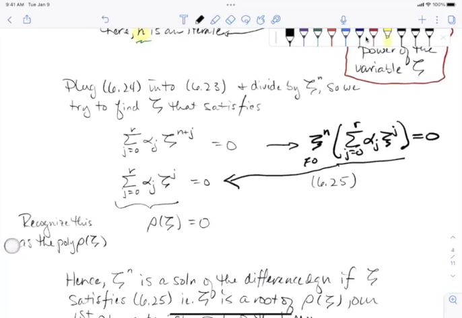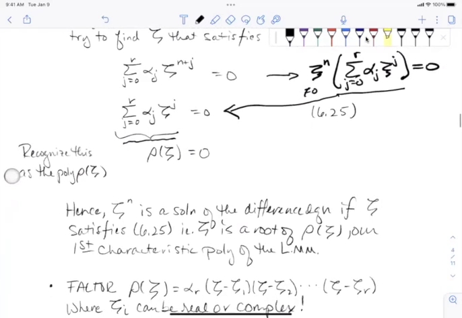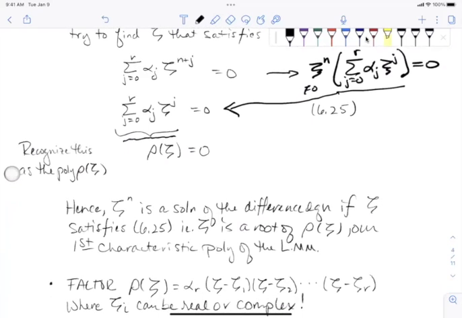And now pay attention to the fact that this expression on the left side is simply rho of zeta, where that is your polynomial that we introduced way back in section 5.9.2. All right, so now here's the observation that you want to make. Here, zeta to the nth power is a solution of that difference equation if zeta satisfies this particular equation right here.